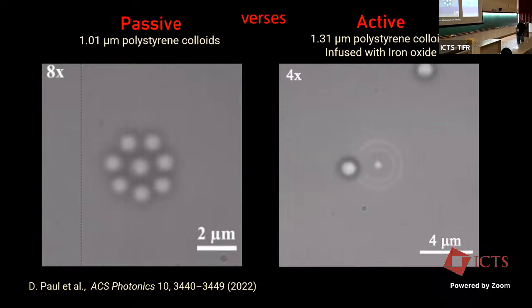If you now take light absorbing colloids, you have a short range repulsion and a long range attraction. So they form very interesting patterns where the assembly emulates some very interesting structures and patterns.